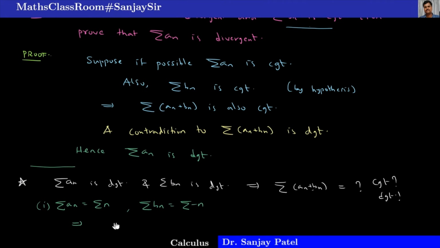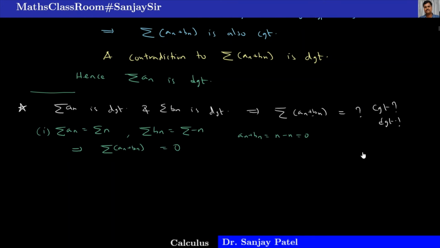But for the sum, sigma an plus bn, all the terms will be 0, because an is n and bn is minus n. So an plus bn is n minus n, equal to 0. So for the sum of these two series we get 0. It is a convergent series in this case.